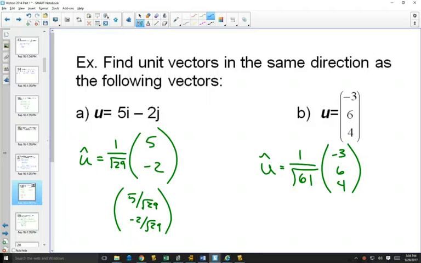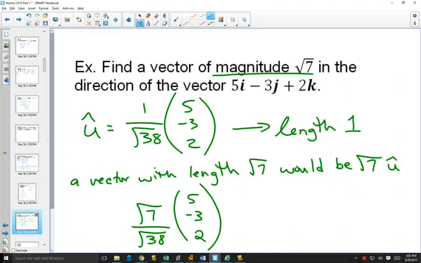So once you find the length of the vector, then you have to divide by that. So the length in A was root 29. The length in B was root 61. I like to write it out in front. That way the numbers seem nicer for longer, instead of writing it mixed in, but either way would be fine. And so in this last question, where you were to find a magnitude of root 7, you could find your unit vector first.